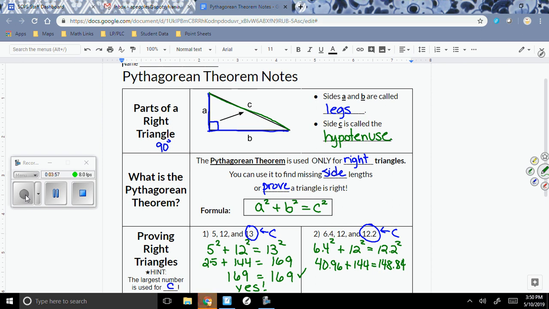So 40.96 plus 144 is 184.96. And I'm noticing that I'm getting a different answer here. So it doesn't equal that 148.84 that I was looking for. So that means no, these are not numbers that make a right triangle. So that's how we're going to use our Pythagorean theorem to prove if three numbers make a right triangle.